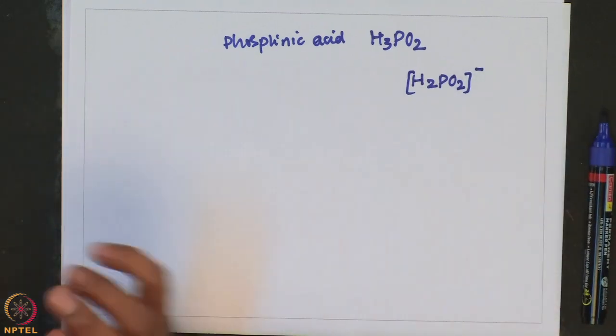By using barium hydroxide as alkali, precipitating Ba2 plus ions as BaSO4 and evaporating the aqueous solution, white deliquescent crystals of H3PO2 can be obtained. In aqueous solution, phosphinic acid is a fairly strong monobasic acid.